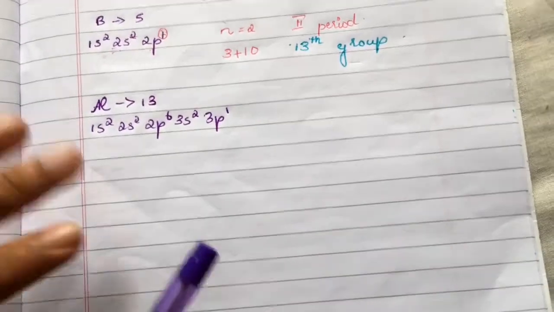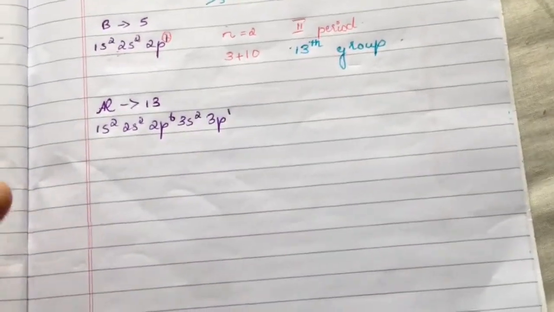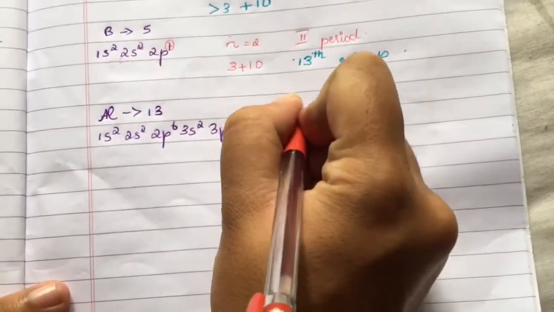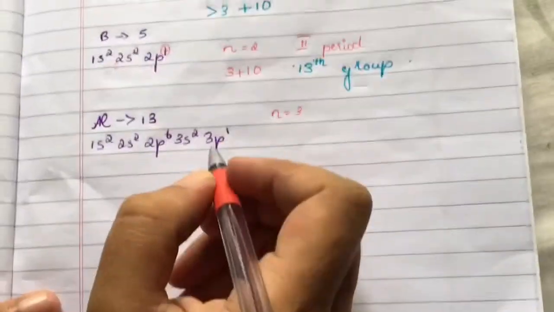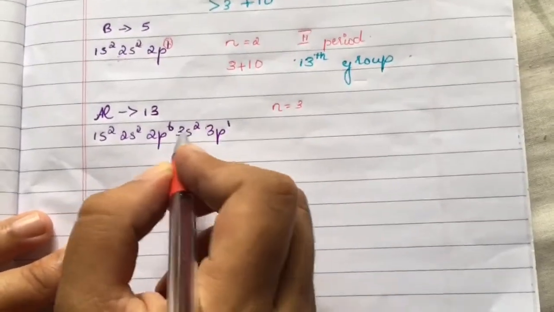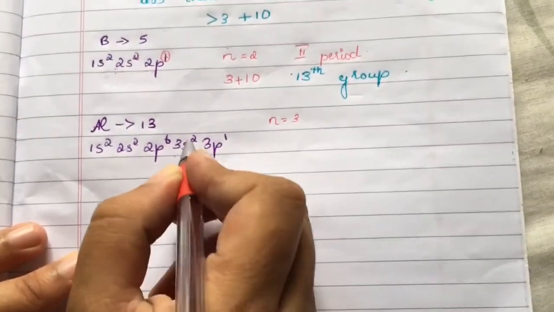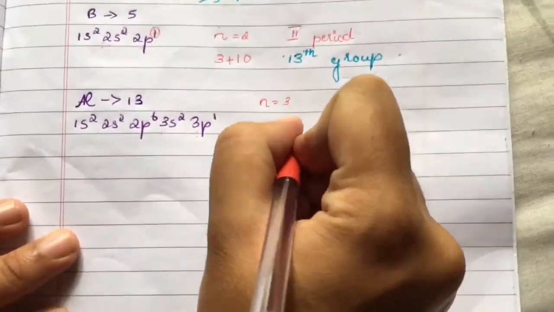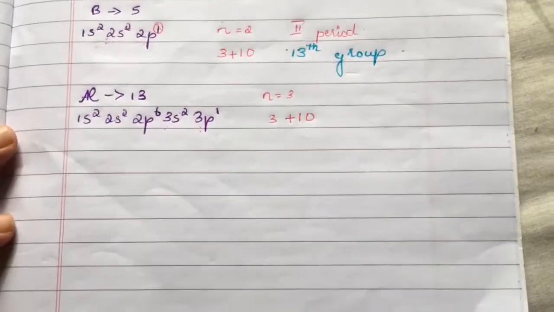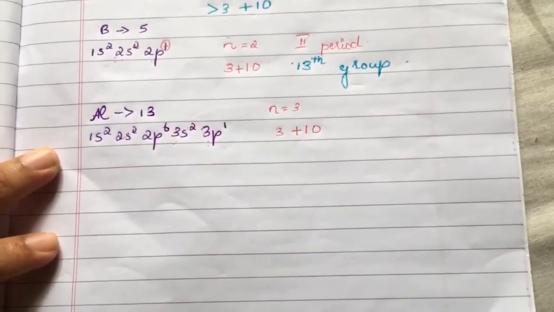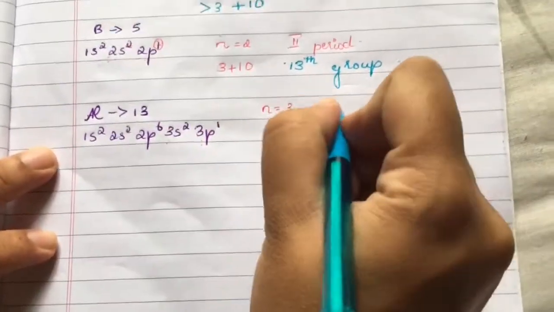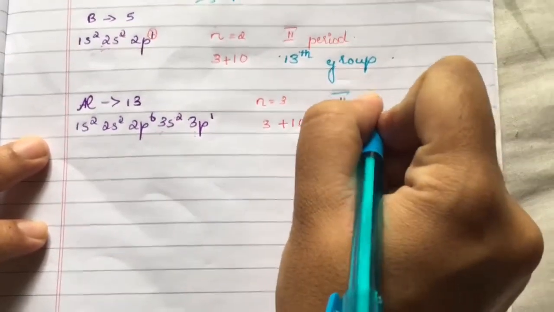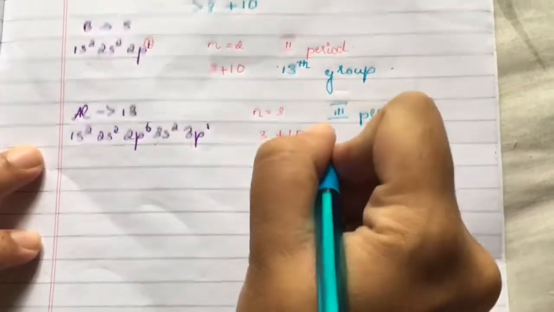Here the maximum number of shells n is equal to 3, and the number of electrons in the outermost shell, the third shell, is 3. So we need to add 10 to it. We can say that it belongs to the third period, n is equal to 3, and the 13th group.